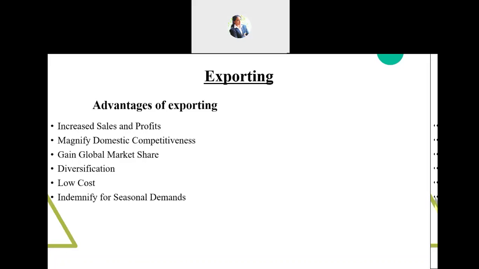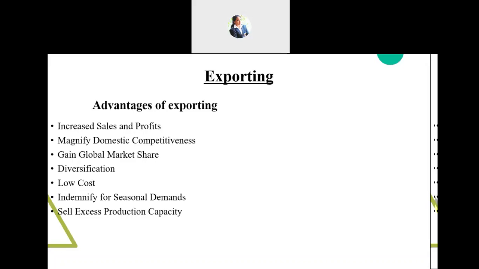Now, if a company is producing a product or service that is used in certain seasons domestically, then by entering foreign markets, the demand will be available during different seasons also. And it can also have the advantage of selling excess production capacity.